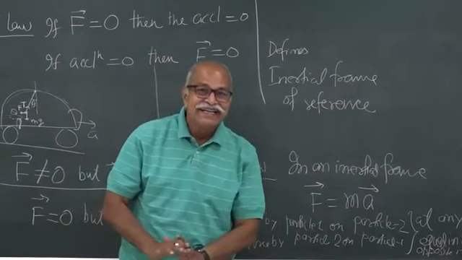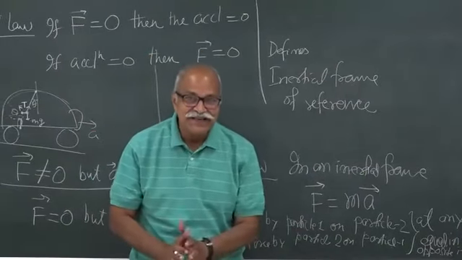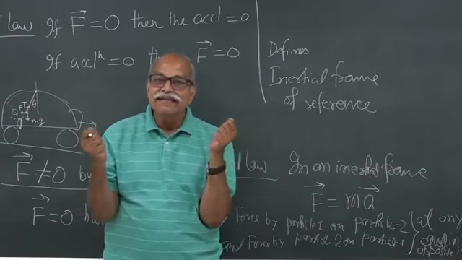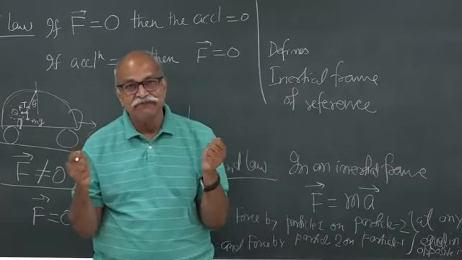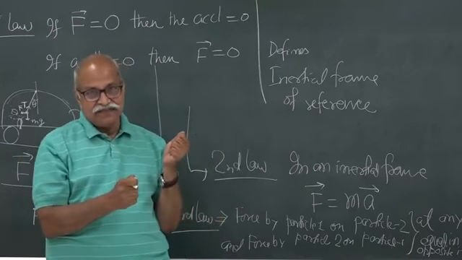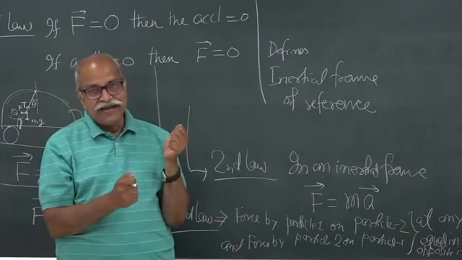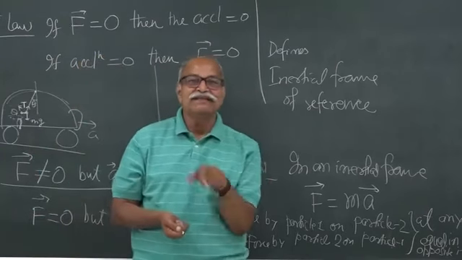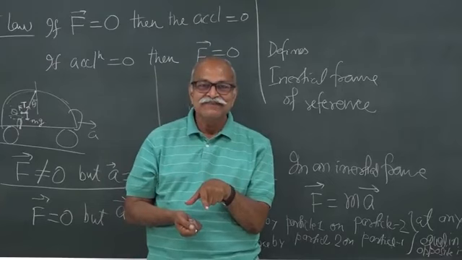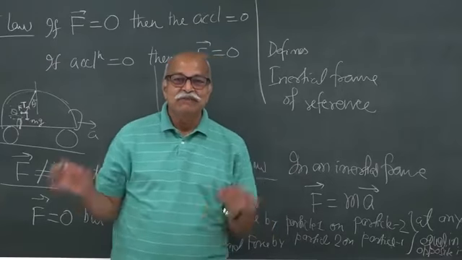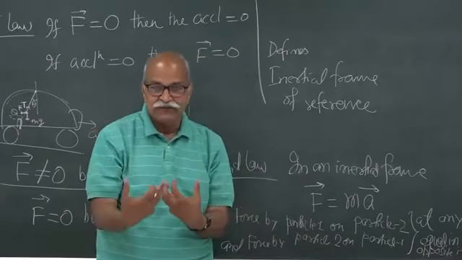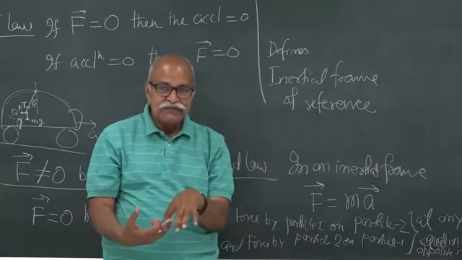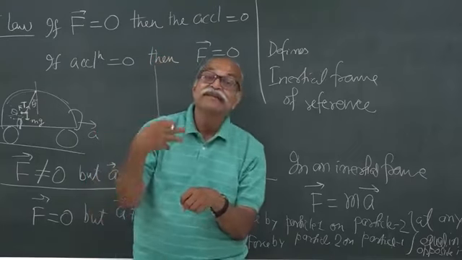So, basically the content of Newton's third law is, if you have two objects and they are exerting forces on each other, remember, for any force you can ask these questions: which object has exerted this force, on which object this force is exerted, okay? What is the magnitude, what is the direction, but basically from where the force is coming. So, which object is exerting the force and on which object it is being exerted.